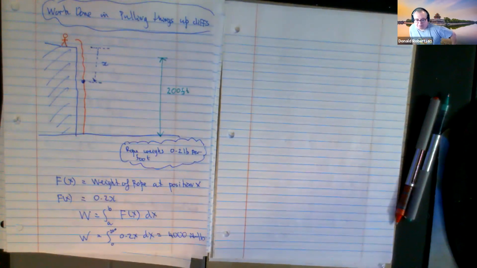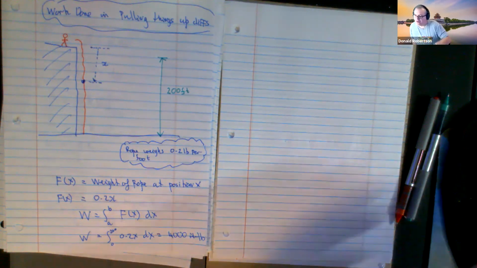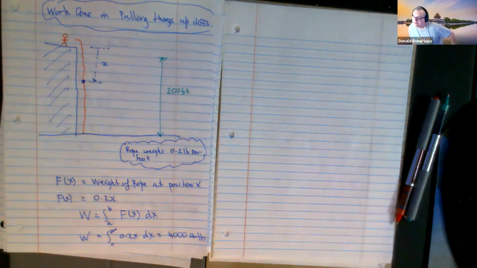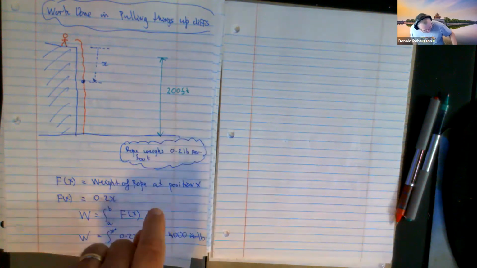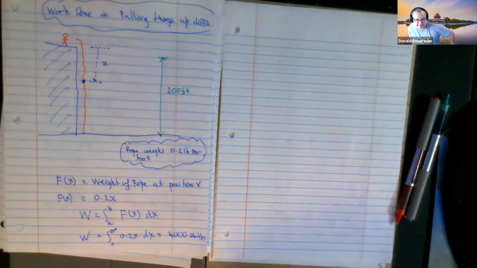Do you think pulling it halfway is going to require the same amount of work for the first half as the second half? Do you think it's going to be an even split? In other words, if you only want to pull it up to the 100-foot mark, it's going to cost you 2,000 foot-pounds, and then the other half is going to cost you another 2,000. Or do you think those may be different?